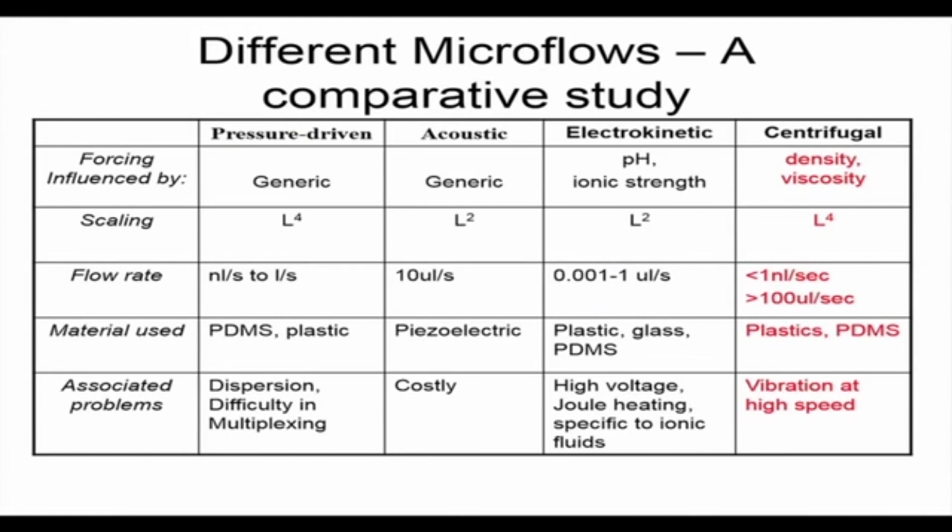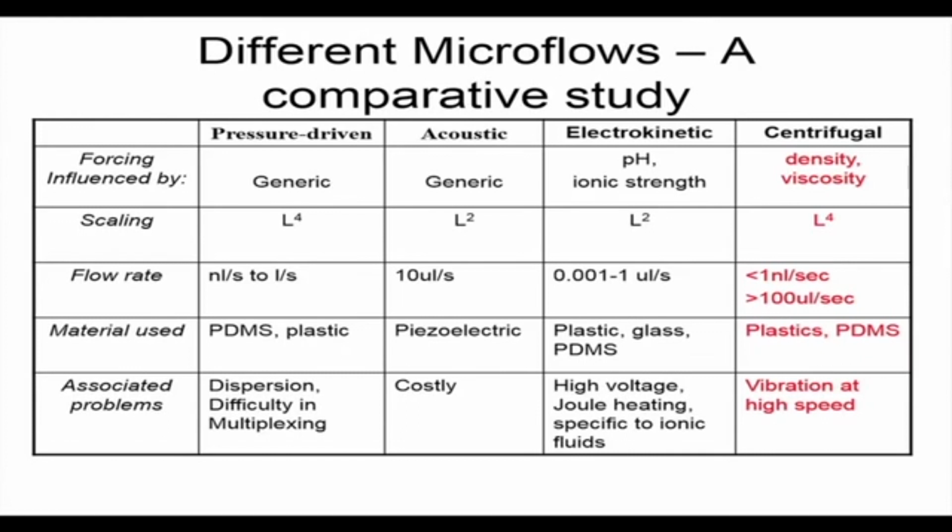So with this little bit of note, we will start with different microflows, a comparative study. We will compare 4 types of actuation, not that these are the only types of actuation: pressure driven, acoustic, electrokinetic and centrifugal.